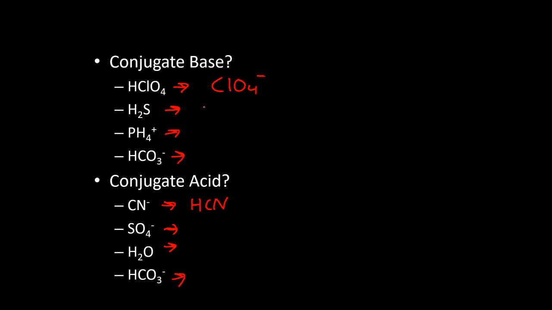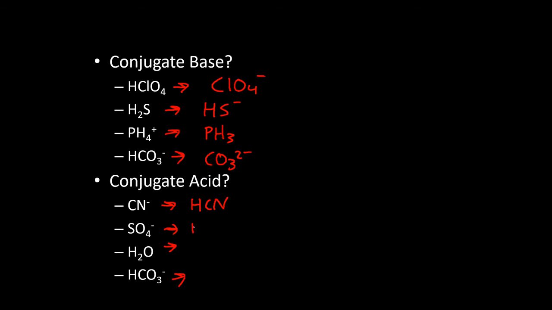So this is going to be HS minus. This one's going to be PH3. That plus goes away. And this is going to be CO3 2 minus, which we actually saw on the previous slide there.